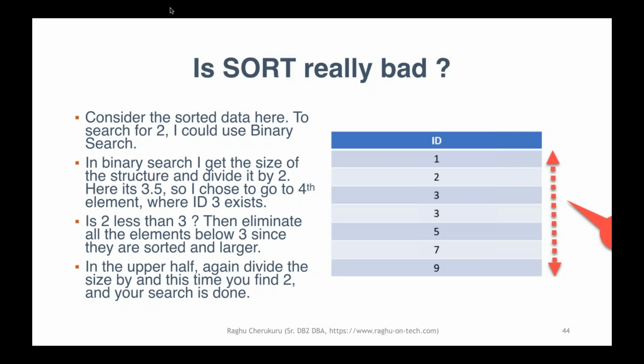So for example, this is a list of 7, so 3.5, which rounds up to 4. It's 3. That means I can eliminate the range above 3 because I know my 2 won't be in that range. So I can go and again divide the range before the 3 in half and then do a binary search. It's a lot more efficient.